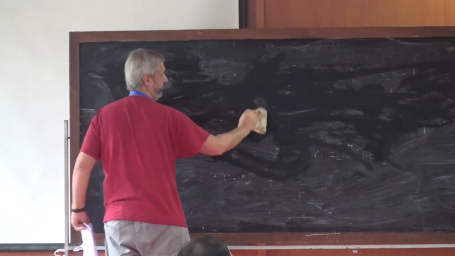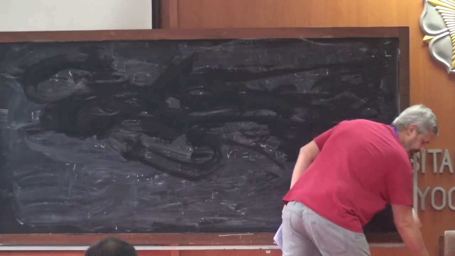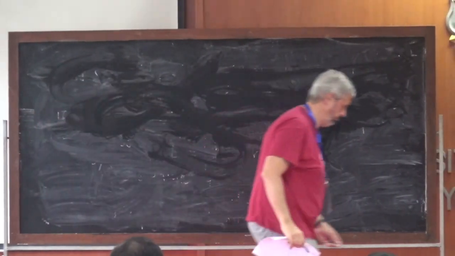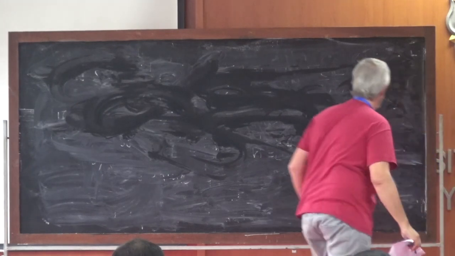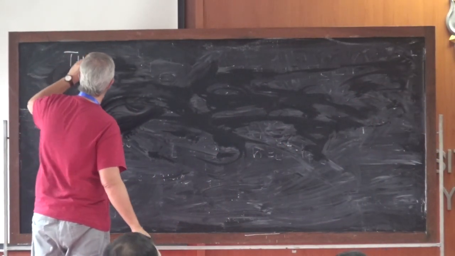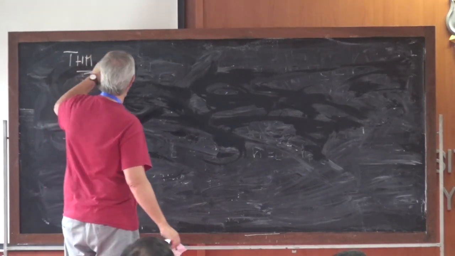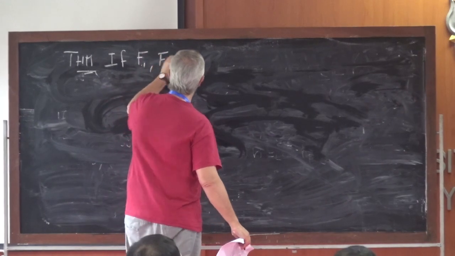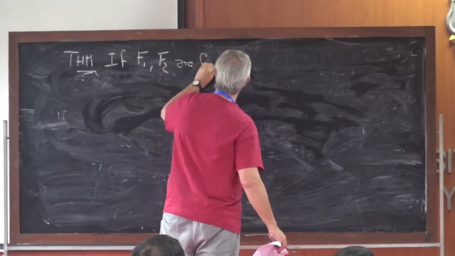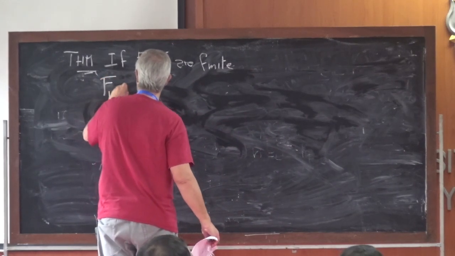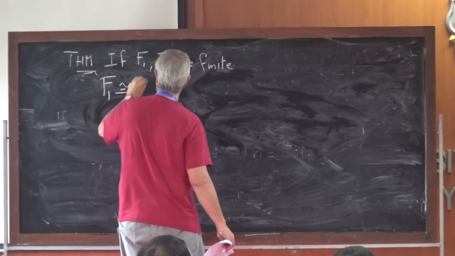So the theorem says the following. If F1 and F2 are finite fields with the same number of elements, then F1 is isomorphic to F2.